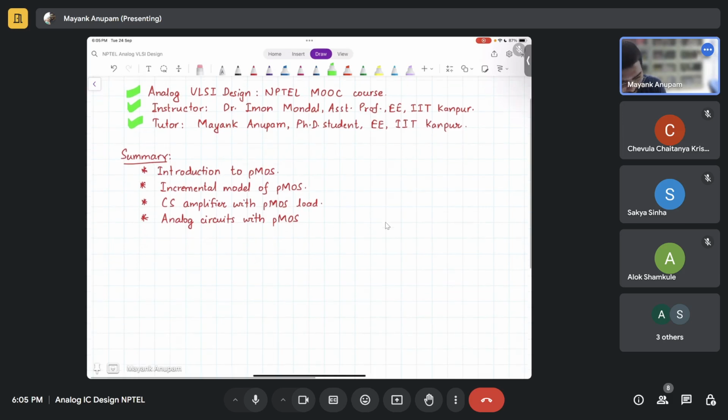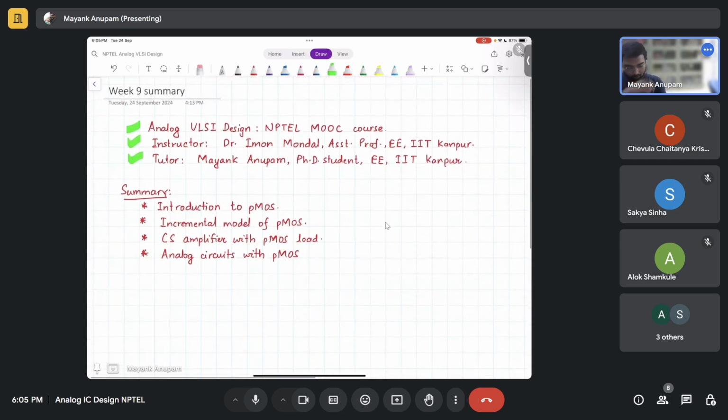So today we will be discussing whatever was covered in week 9. In week 9, we got introduced to pMOSFETs for the first time. Then we saw how to use it. We also learned a little bit about how the pMOS actually works on a device level, and how to use it to design circuits. What is the incremental model?